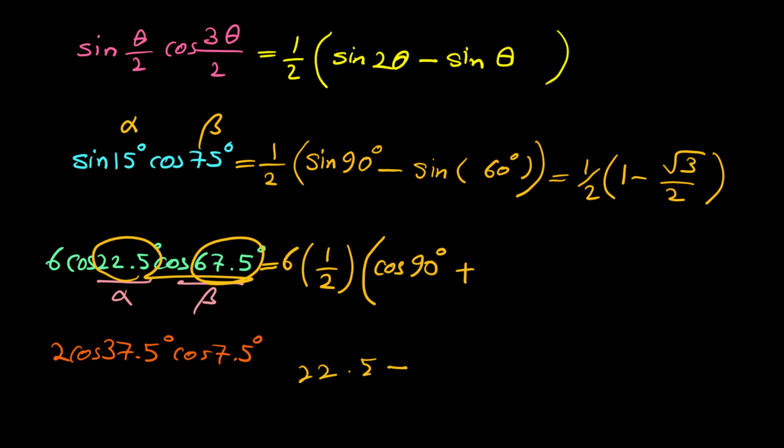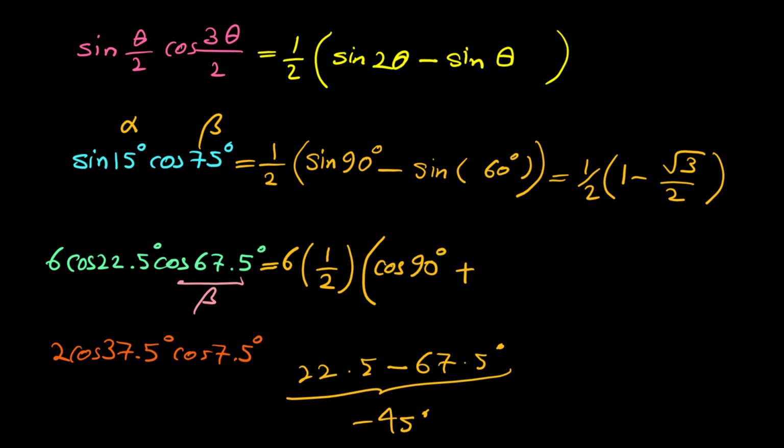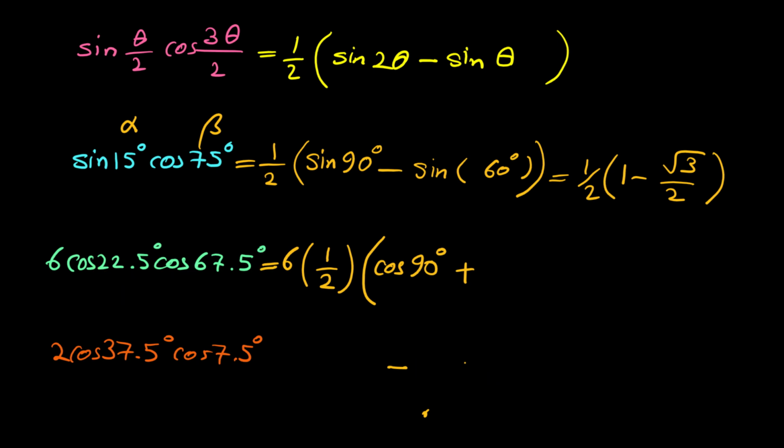22.5 minus 67.5 is negative 45. So we have to write cosine of negative 45. But cosine is even, so cosine of negative 45 is the same as cosine of 45.